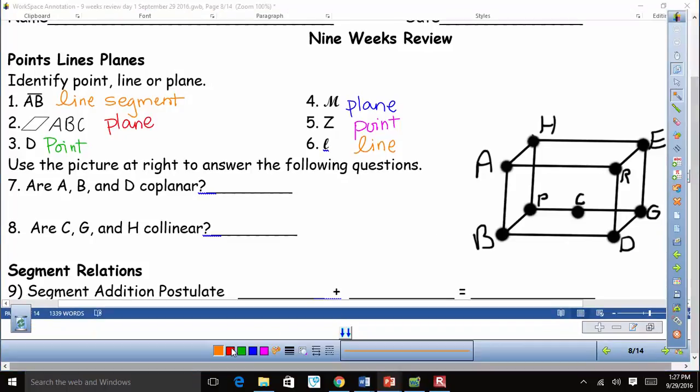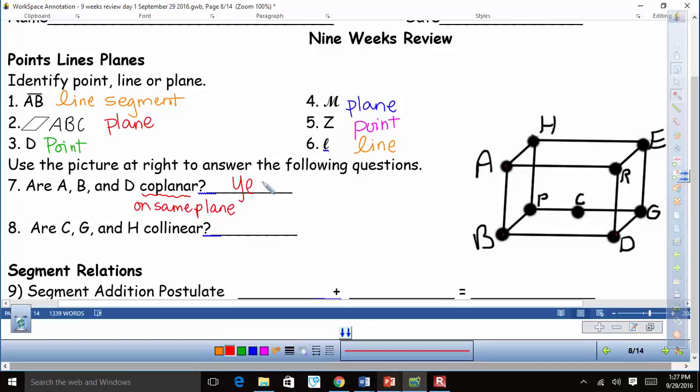Now, how many of you remember what coplanar means? What is it? Very good. On the same plane. Okay, so we're looking to see, are A, B, and D on the same plane? So here, here, and here. Are these on the same plane? Yes, they're all on the front of this cube, which means they're all on the front plane.